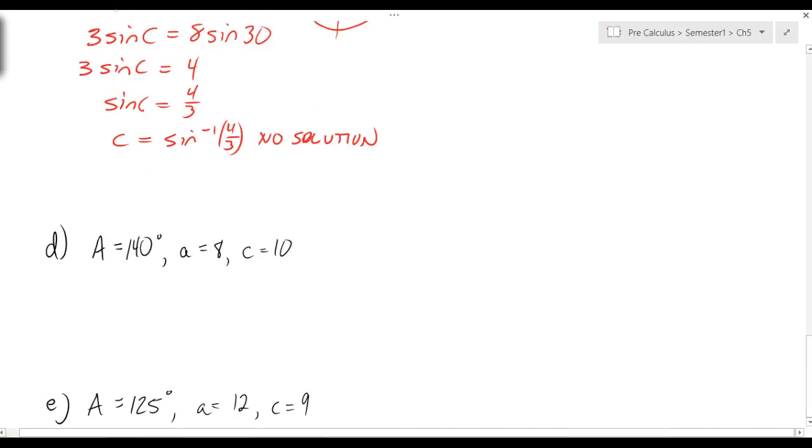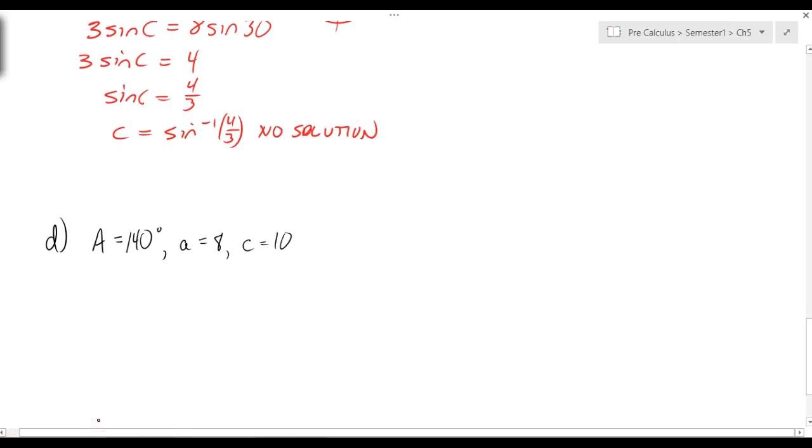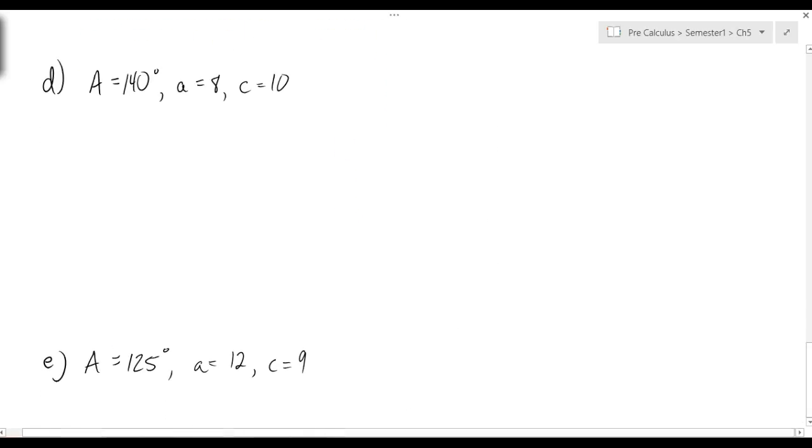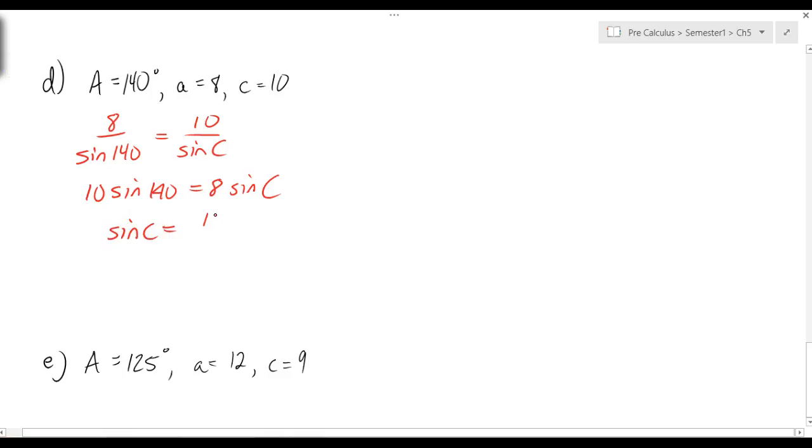All right, a couple more examples to go. Okay, this time angle A is 140 degrees, so we'll say side A over the sine of 140 equals side C over the sine of C. Cross multiply, 10 sine 140 equals 8 sine C. And so the sine of C is going to equal 10 times the sine of 140 divided by 8.